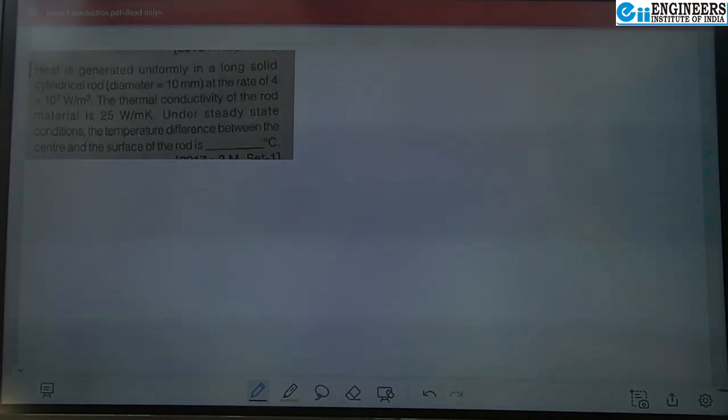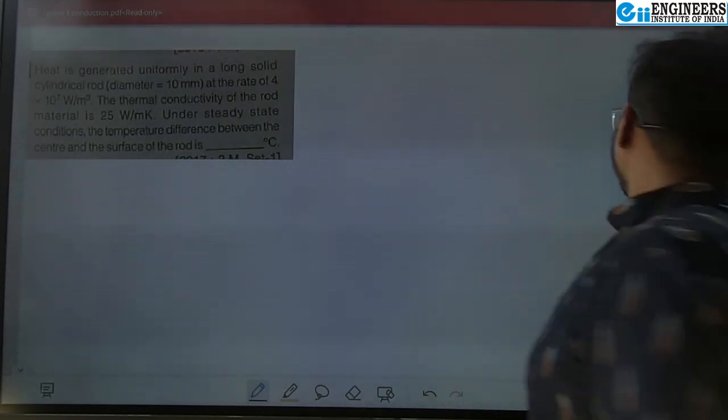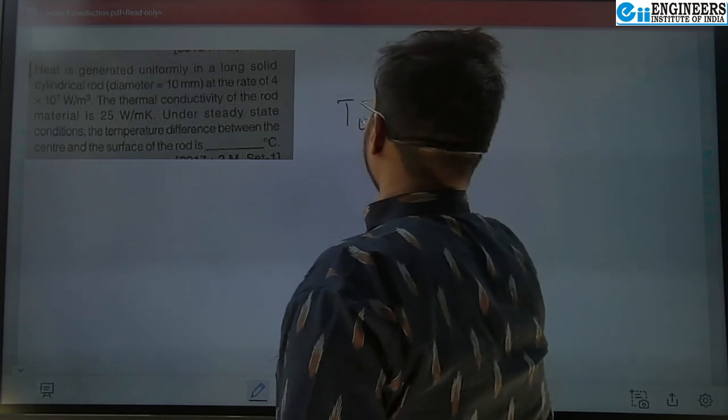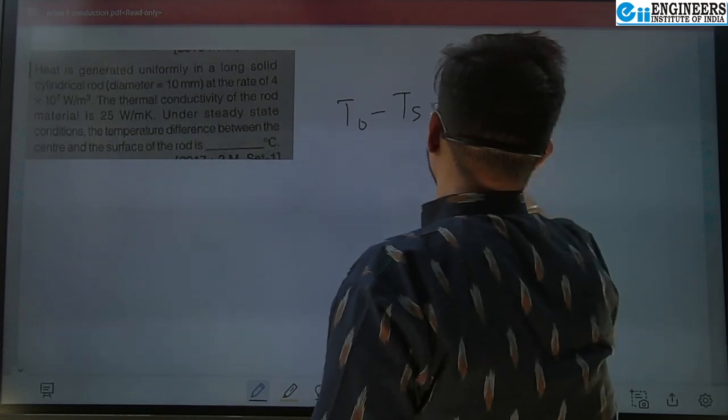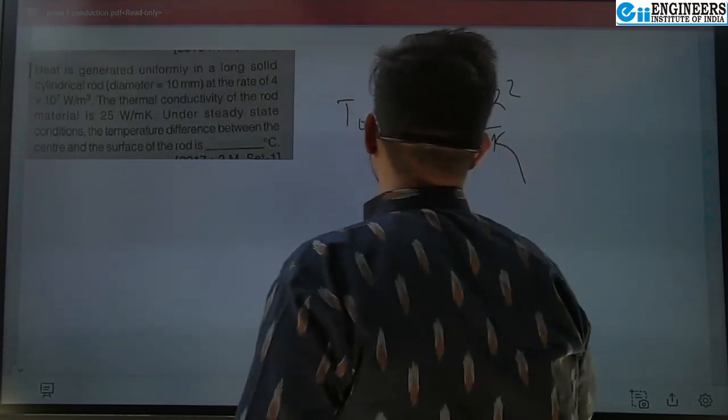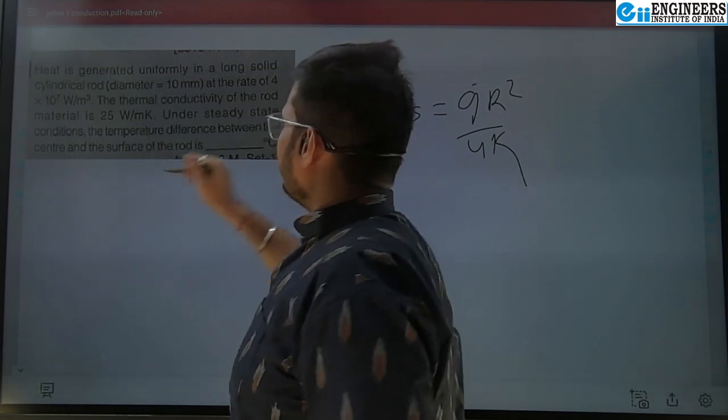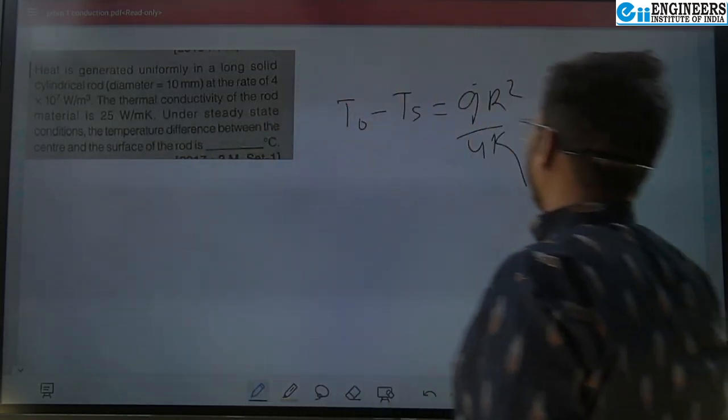We know that T0 minus Ts is equal to Q dot R square by 4K for a cylinder. So T0 minus T surface equals Q dot R square by 4K. Q dot is given, diameter is given, K is given.